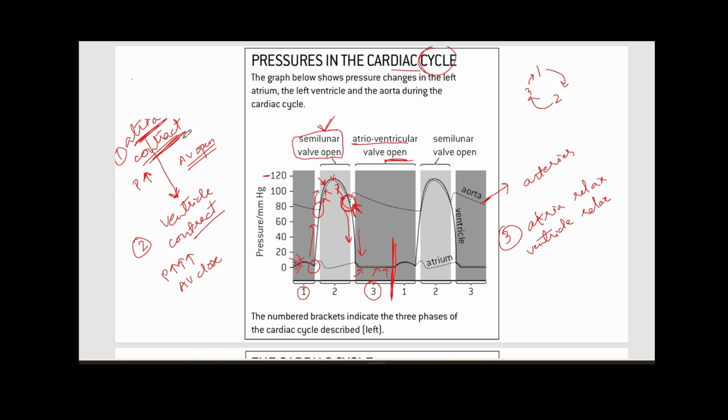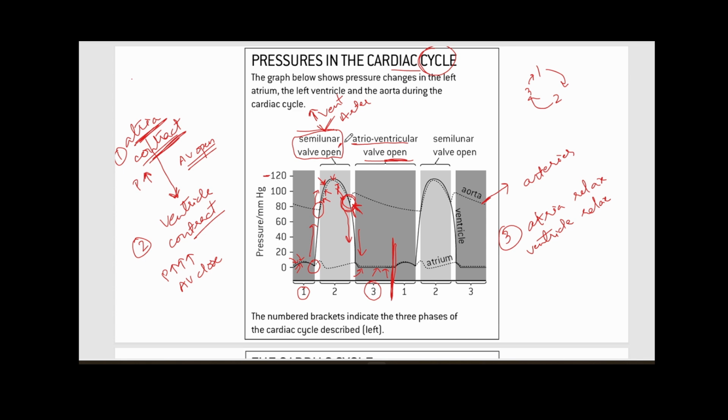So this thing repeats. You just have to remember, questions may be asked about when which valve will open, when which valve will close. You just have to think about the connecting chambers. Semilunar valves connect the ventricle to the artery. So whenever the pressure in the ventricle is more, it will open.